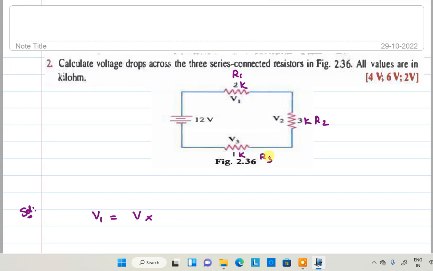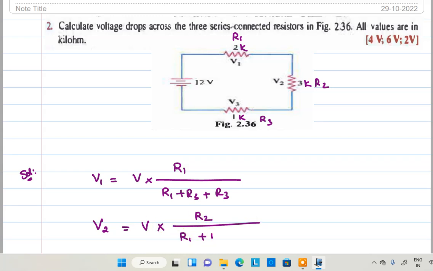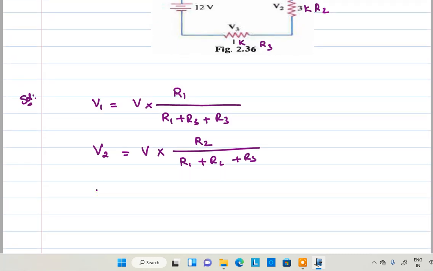For your understanding, I will write the formula here: V1 equals total voltage into the same resistance R1 divided by total resistance R1 plus R2 plus R3. Similarly, for V2, total voltage into the same resistance R2 by R1 plus R2 plus R3. Everyone note this down in your notebook, this is the voltage division rule.